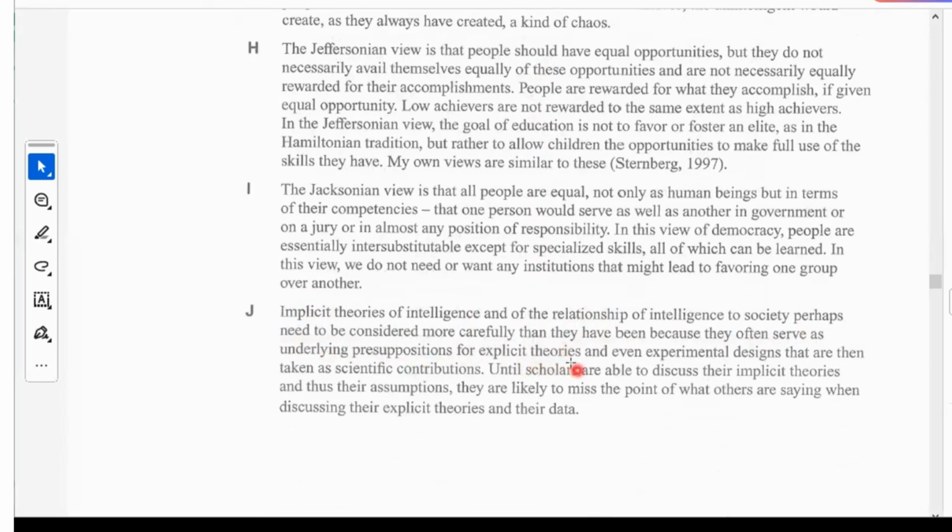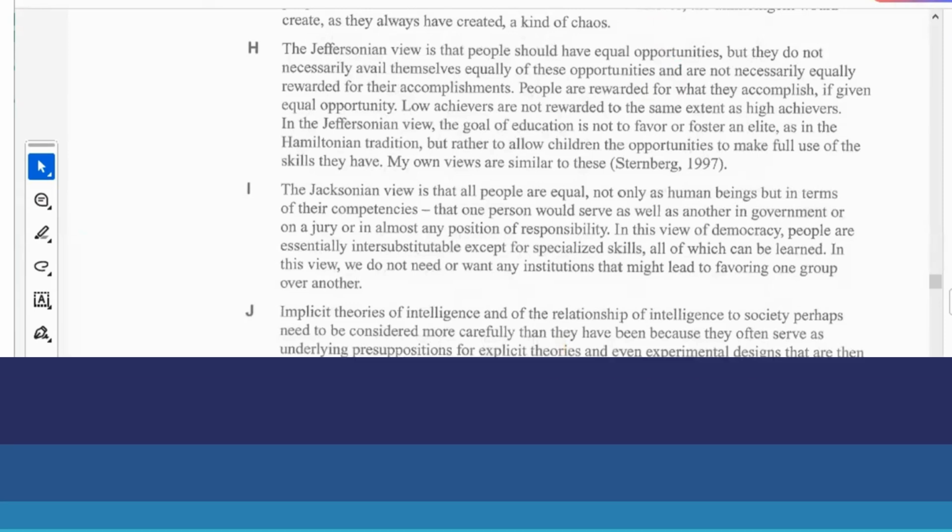Scholars, can you see the way I'm scanning and skimming? I'm not wasting time. You see the way I skipped G, H, I. There's no need to waste time. I read it earlier on. I don't think I saw anything like scholars discussing things when I was solving that first set of questions. Okay? So, until scholars are able to discuss their implicit theories and their assumptions, they are likely to miss the point of what others are saying.